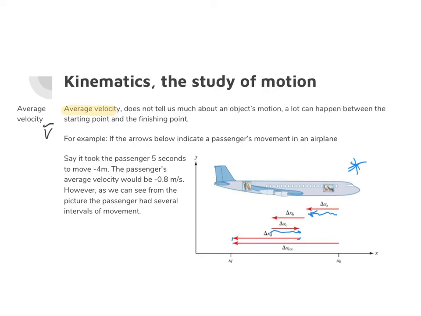The passenger's average velocity would be -0.8 meters per second. However, as we can see in this diagram, the passenger had several intervals of different movements. So average velocity doesn't always tell us everything there is to know about an object's motion.